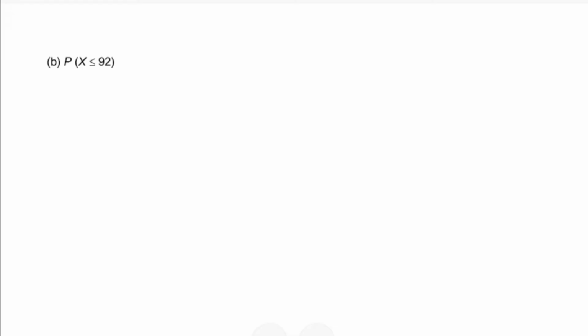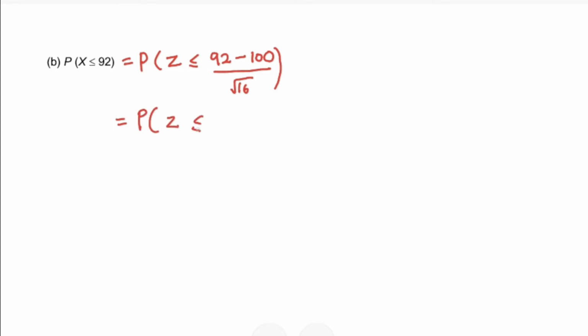Next, example 1b: P(x less than or equal to 92). First, we standardize by taking 92 minus the mean 100, divided by the standard deviation. Then you will get P(z less than or equal to negative 2).